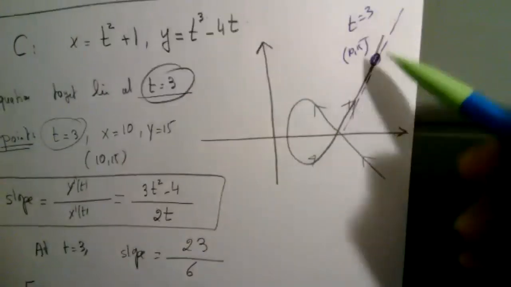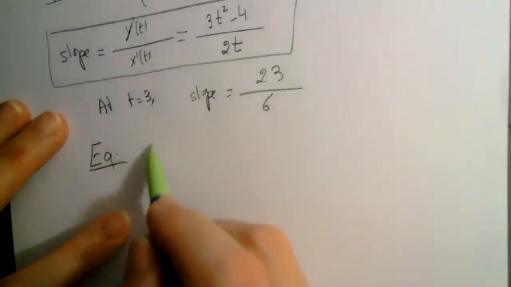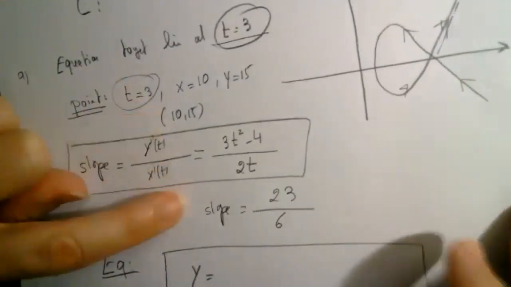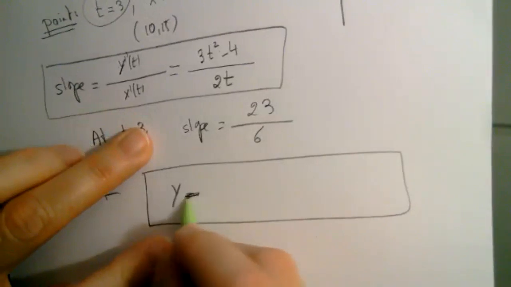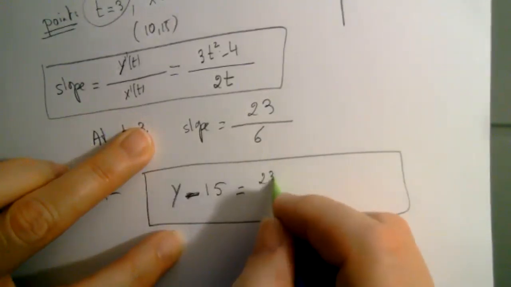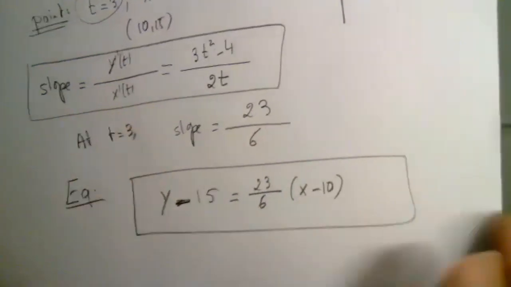Now I have the point, I have the slope, and I can use the point slope form. The point is 10, 15, so y minus 15 equals 23 over 6 times x minus 10.